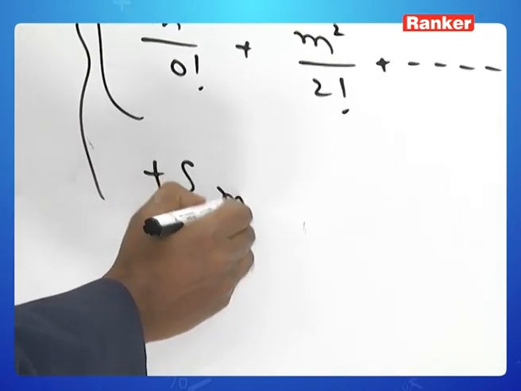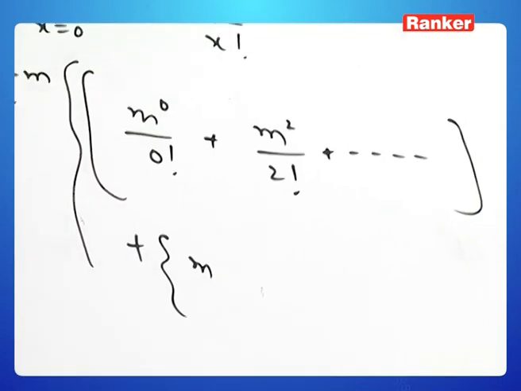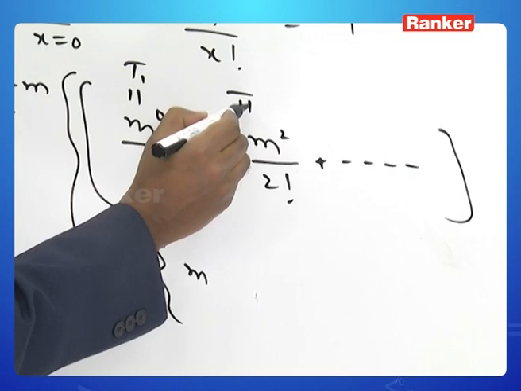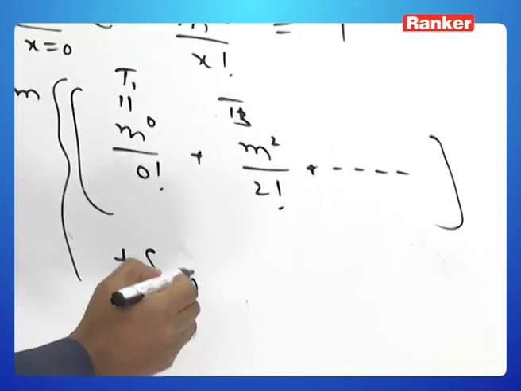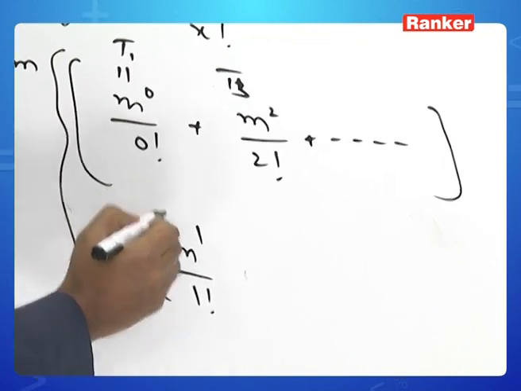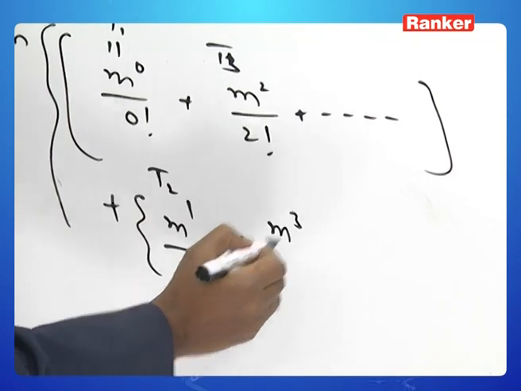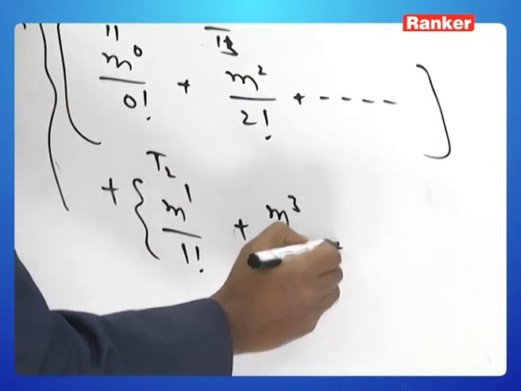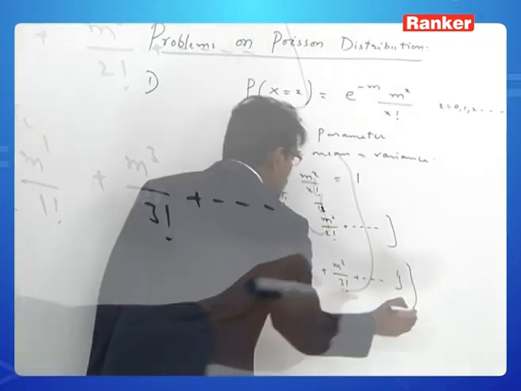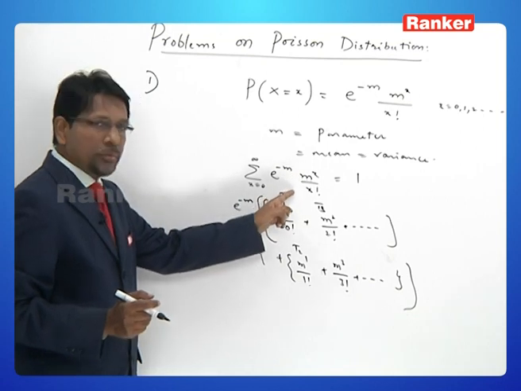I am separating out the odd position terms and even position terms. This is term 1, this is term 3. Now, we have term 2 here, m power 1 by 1 factorial, and then term 4, m power 3 by 3 factorial, so on and so forth. So, I have separated out the summation.